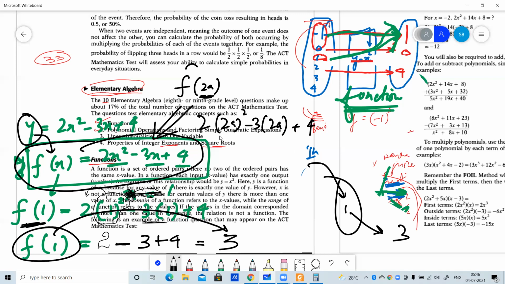And then you first calculate what is in the parentheses. 2a whole squared, how much is that? 4a? No, 2a whole squared means 2 is also having a square and a is also having a square.